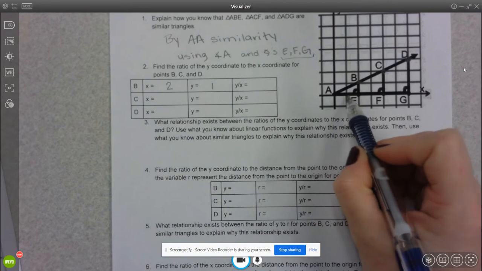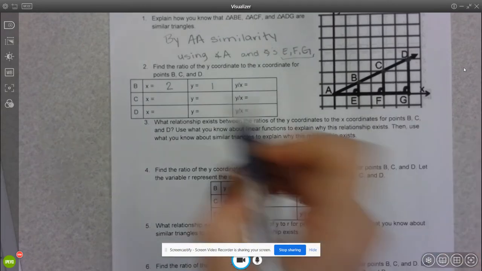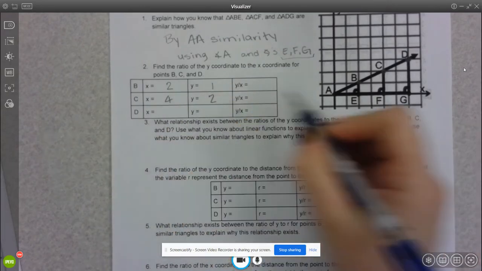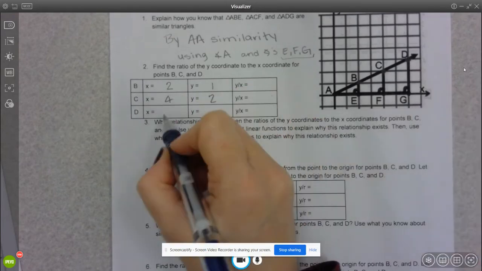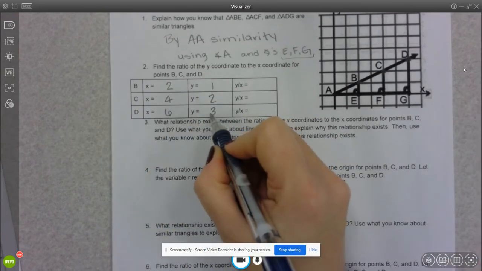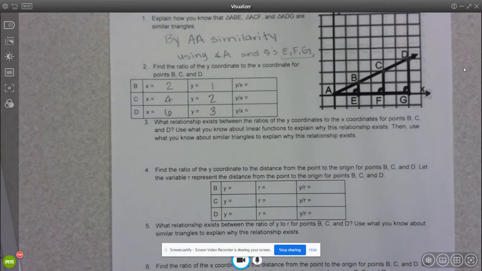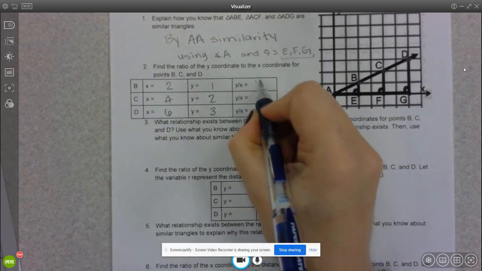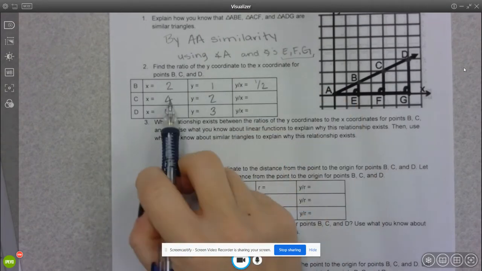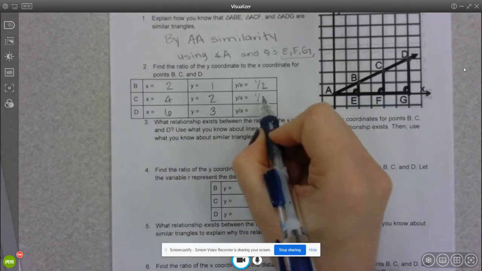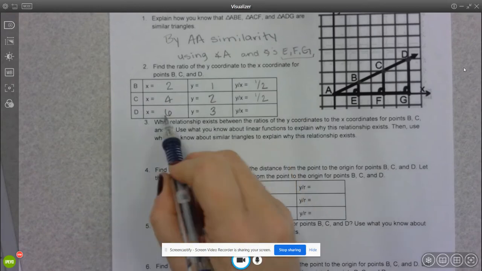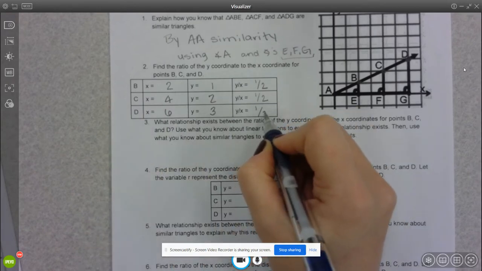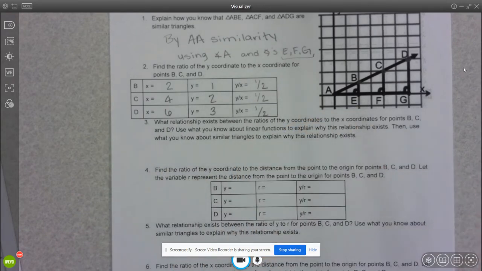For C, 1, 2, 3, 4, up 2, so that'll be 4, 2. And then for D, this is 6, 3. Now the ratio that we're constructing here is Y over X. So that's 1/2. 2 over 4 is 1/2. 3 over 6 is also 1/2.